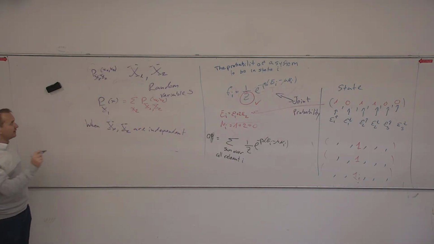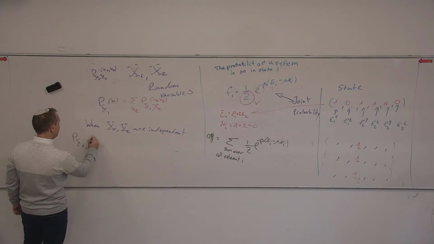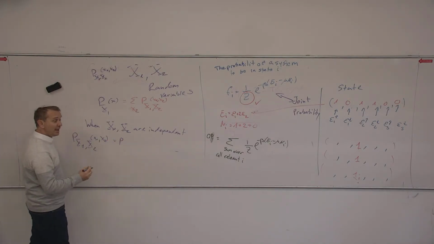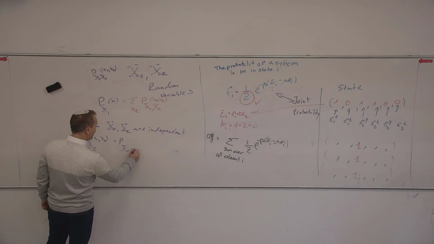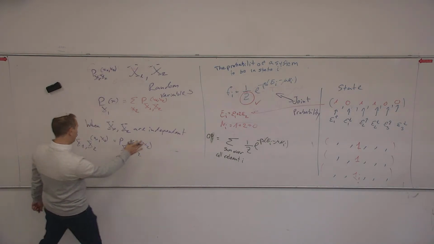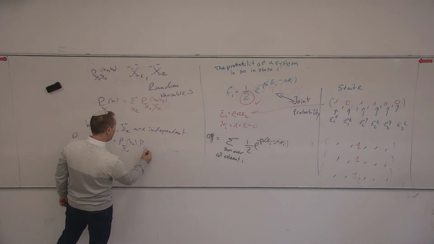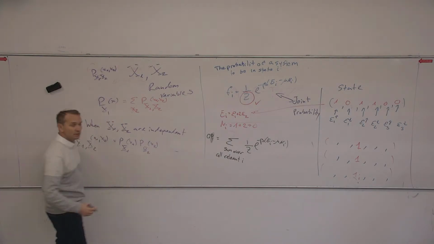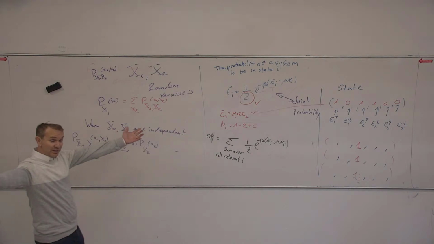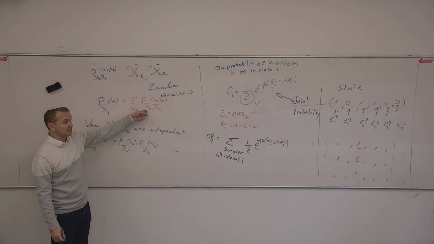When they're independent, the joint probability p(x1, x2) is just the multiplication of p(x1) and p(x2). The joint probability of everybody, when everybody is independent, is just the multiplication of the probabilities.